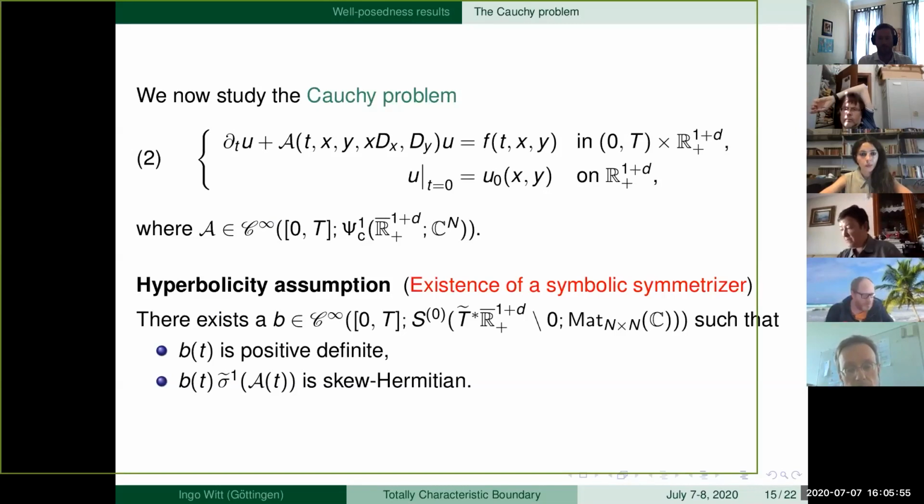Now we need to say what I mean by hyperbolicity. The principal symbols of operators here live not exactly on the cotangent bundle, but on what we call the compressed cotangent bundle.